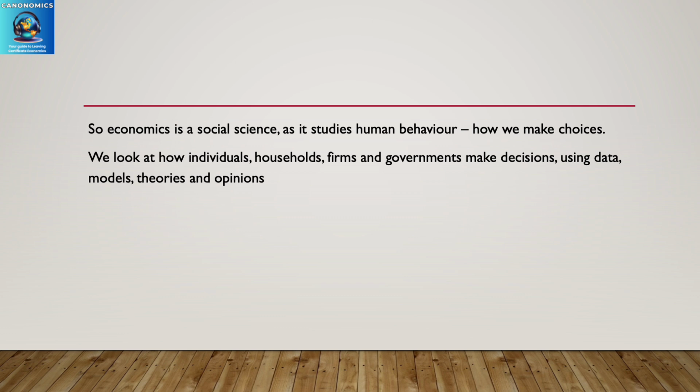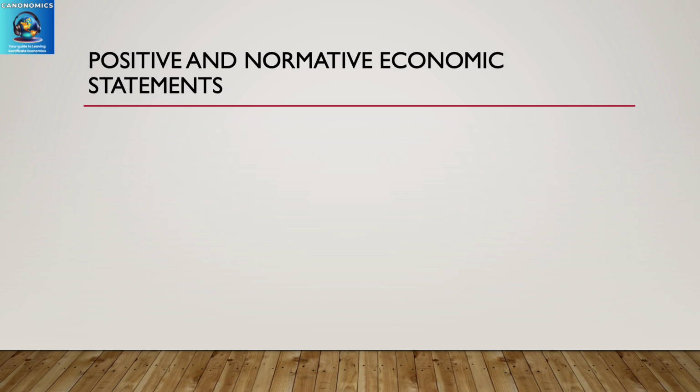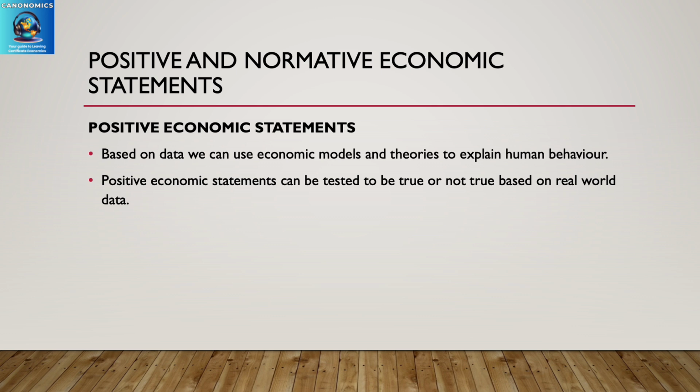Throughout the economic specification, we looked at how individuals, households, firms, and government make decisions using data, economic models, theories, and value judgments about what the best thing to do is. When looking at economics, we think about positive and normative economic statements. A positive statement is one that can be tested to see if it's true or not.